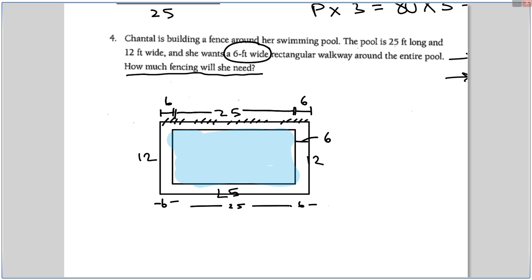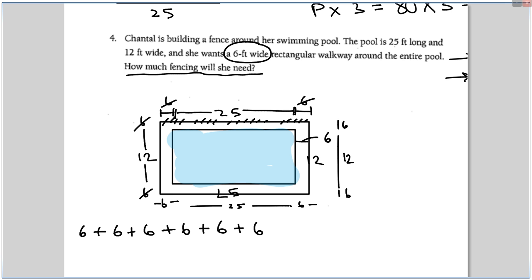Here will be 6, 12, 6, 6, 12, 6, from the added width of the sidewalk. So how many 6s? 1, 2, 3, 4, 5, 6, 7, 8. A couple 12s, and a couple 25s.